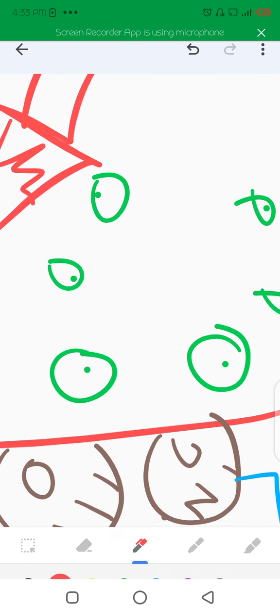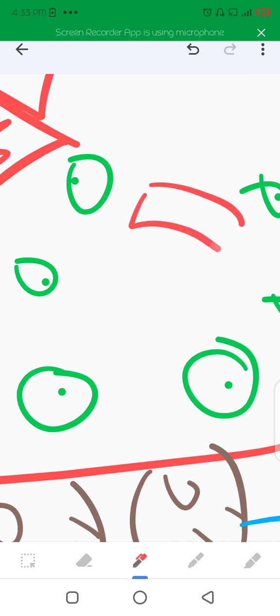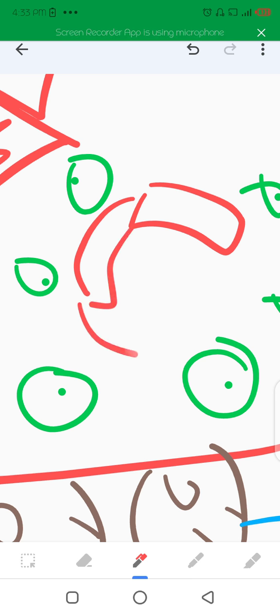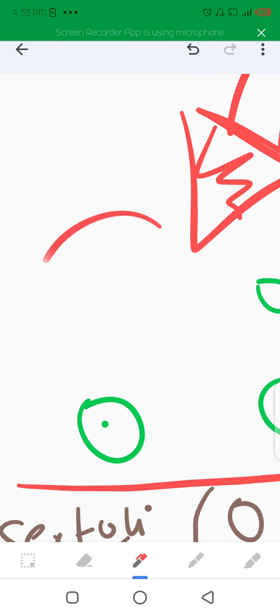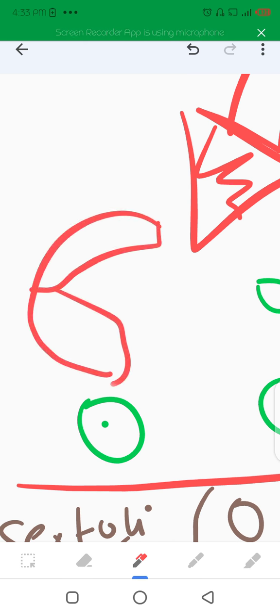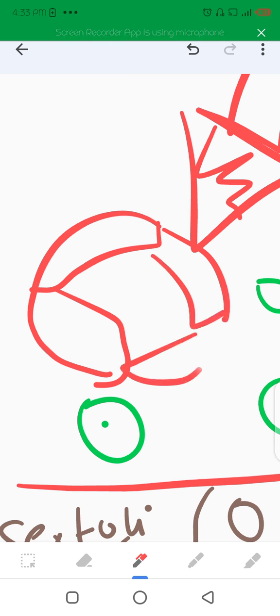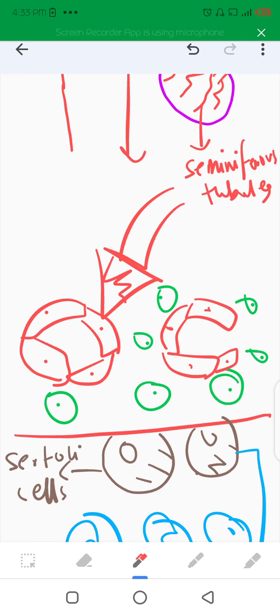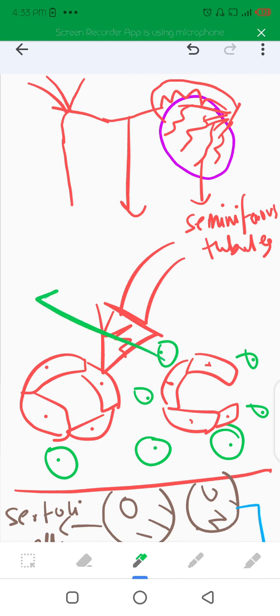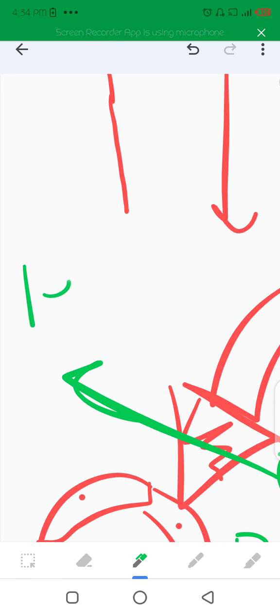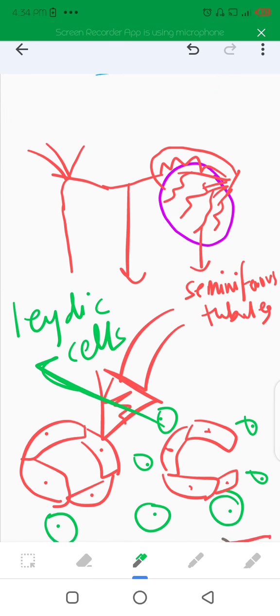And there are some capillary cells that you can see, because otherwise how are the hormones going to circulate throughout? These are some capillary cells, and these are the Leydig cells.